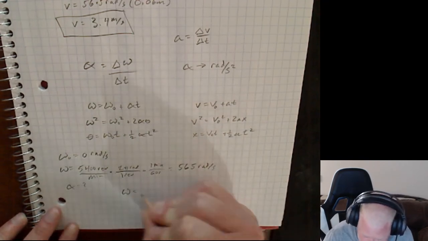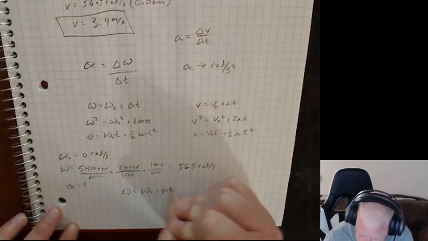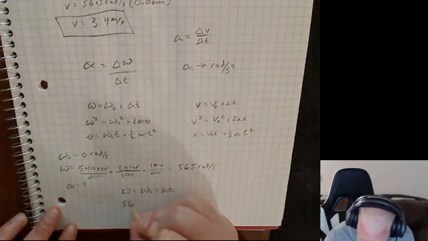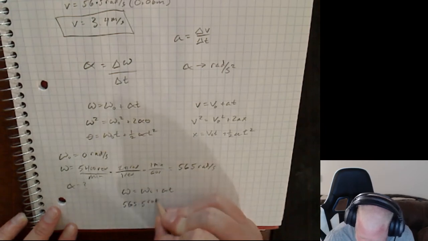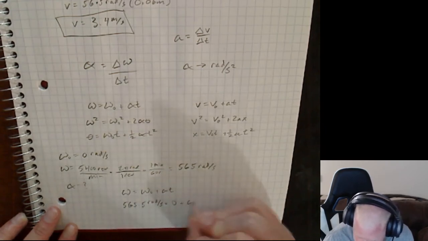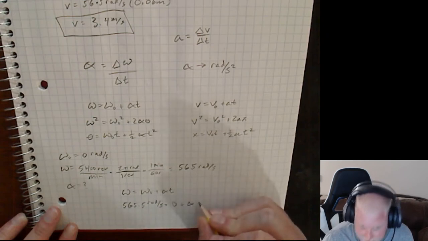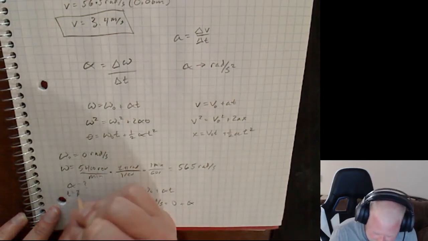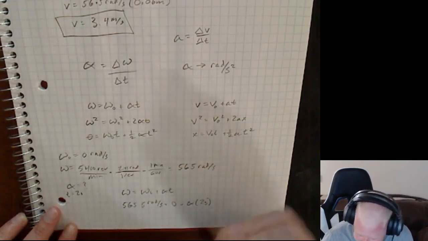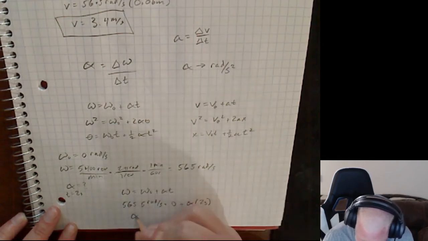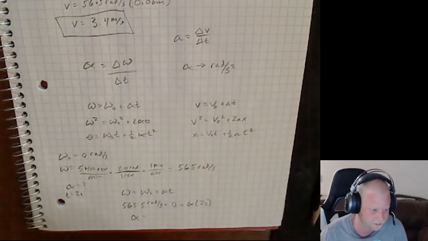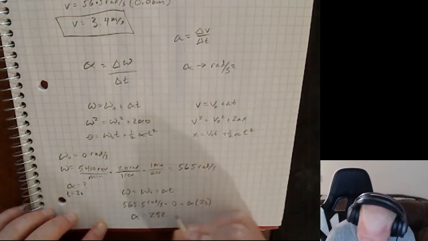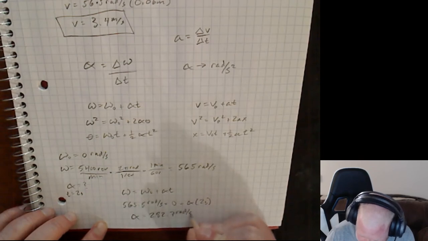And we've got enough information to use that first equation, where 565.5 radians per second is equal to 0 plus unknown angular acceleration times a time of 2 seconds. So our angular acceleration in this case comes out to 282.7 radians per second squared.